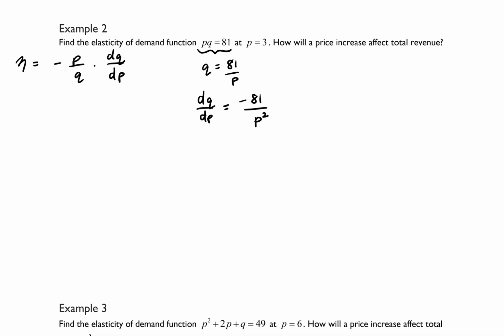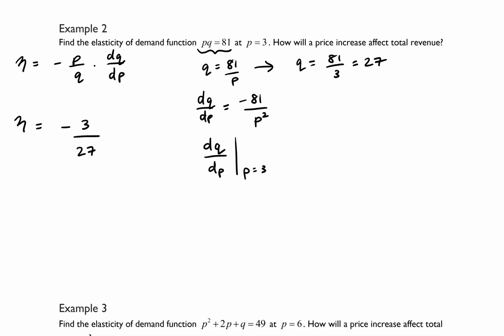Okay, and when P equals 3, we get Q equals 81 over 3, which is equal to 27. So if we're filling in these values here, then P is going to equal 3, Q is going to equal 27, and then we need to also evaluate dq/dp for when P is equal to 3.